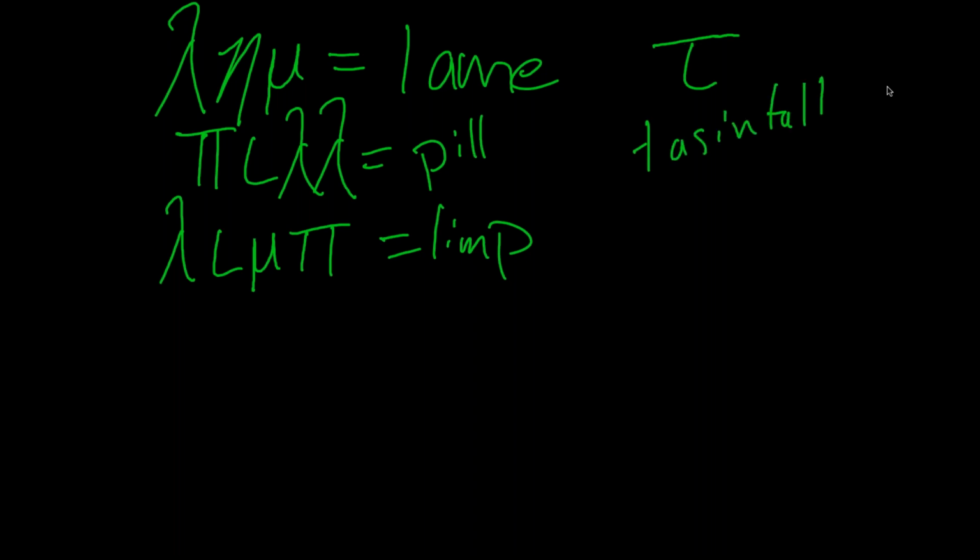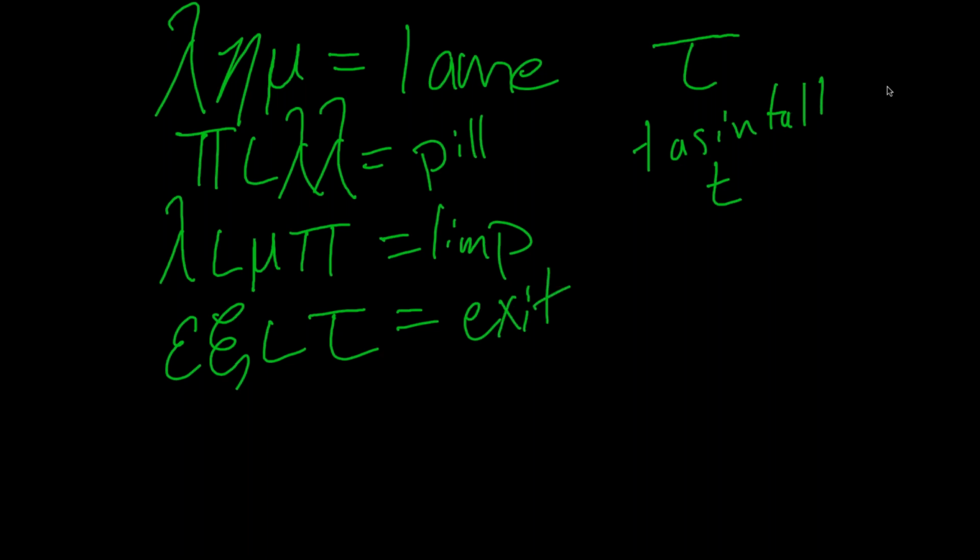Transliteration is D. I can't think of any good words without a tau for this letter. Exit. Janet says exit. Janet's right. Look at you. She was looking up at the door when she came up with that, I think.